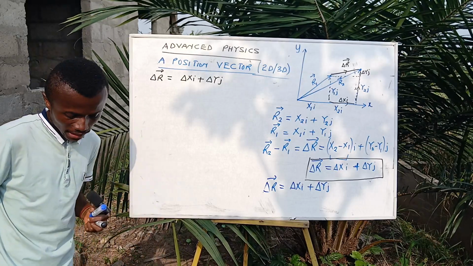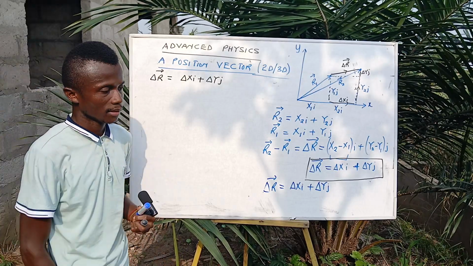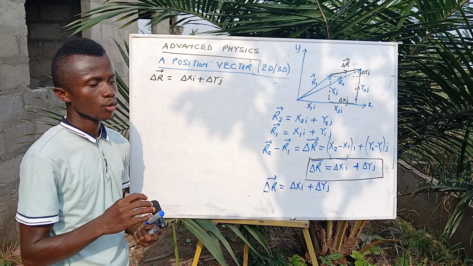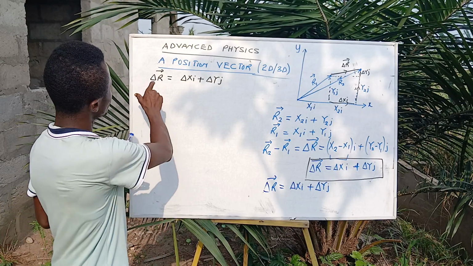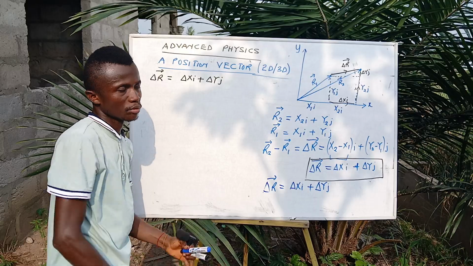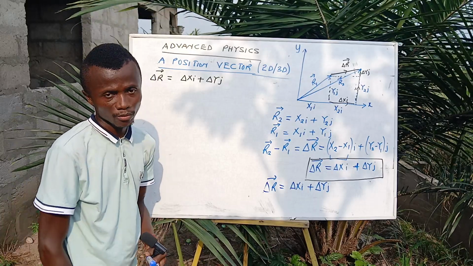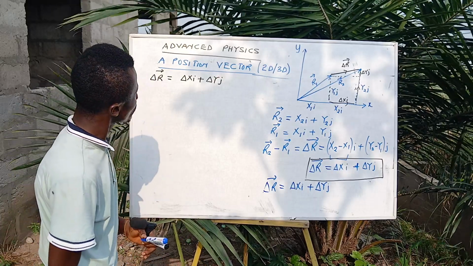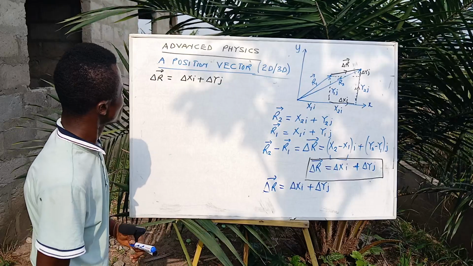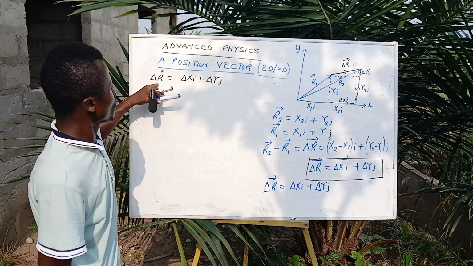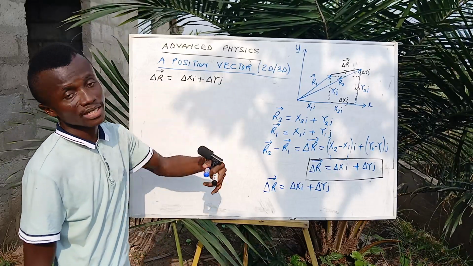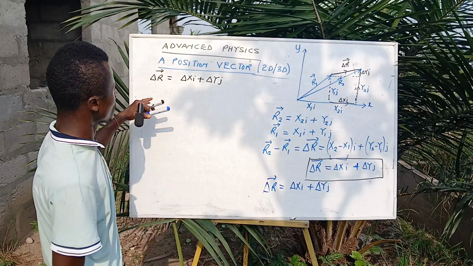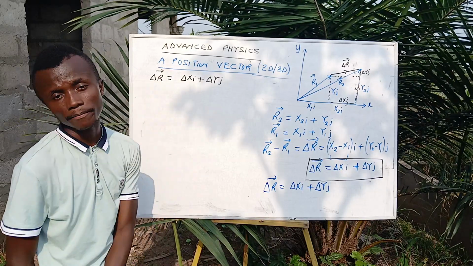So given a change in the position function, then we ask ourselves, can we cook other vectors from this change in position function? Yes, we can. How do we cook that? Now, the position of an object changes with time. So maybe we can divide by time.